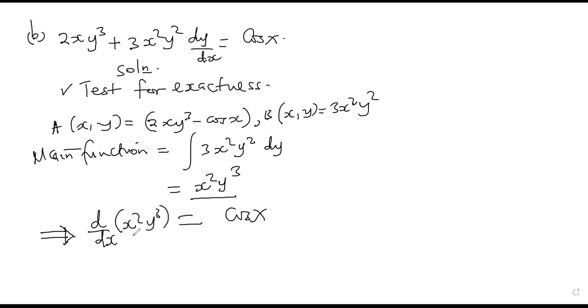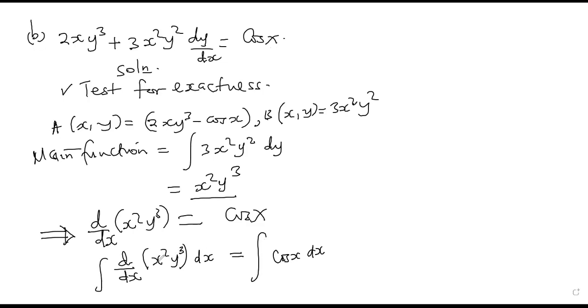The derivative of the main function should be equal to the terms on the right-hand side, implying that if we integrate both sides, we shall have the integral of d/dx of x squared y cubed dx is equal to the integral of cos x dx.